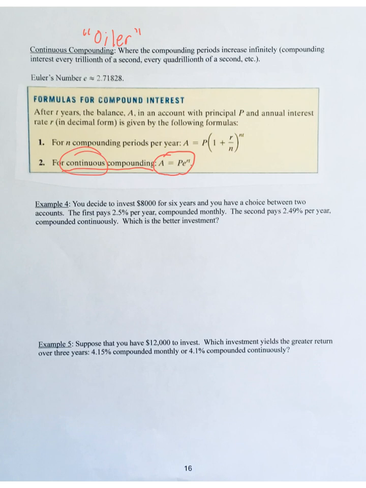But please notice in this formula that only the number E is raised to the R times T power. Only the number E. So not the principal, just the number E. Super important, again, before you begin these examples, that you locate where your E button is. On the graphing calculator, there are two different E buttons you could use.